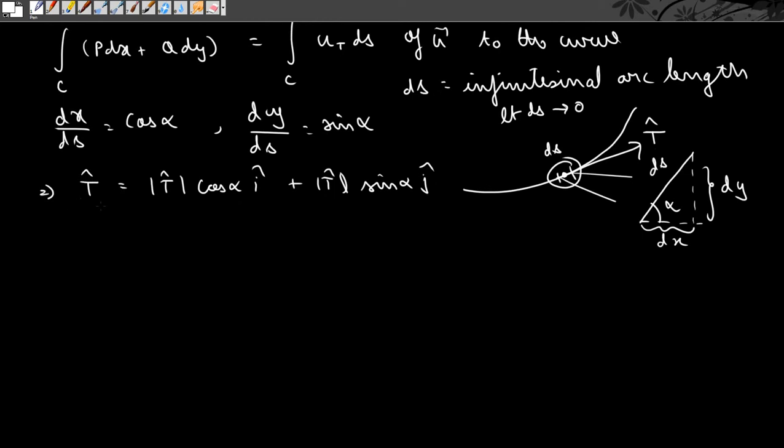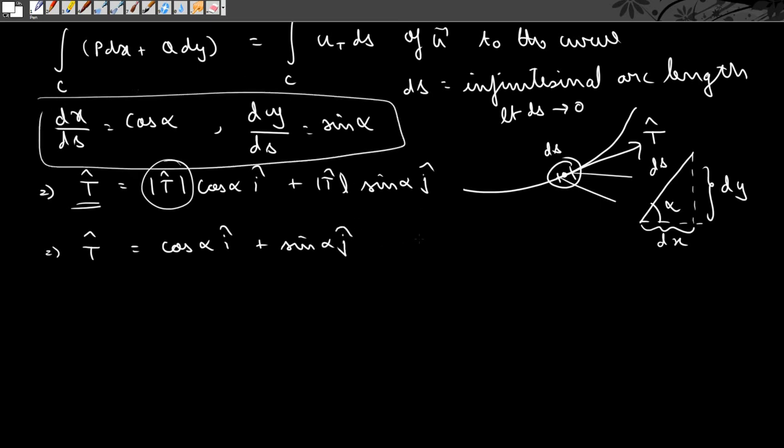But since we are considering this to be a unit vector, mod t is going to be 1. So our unit vector t is nothing but cos alpha i cap plus sin alpha j cap, which by using these relations can also be written as dx by ds i cap plus dy by ds j cap.